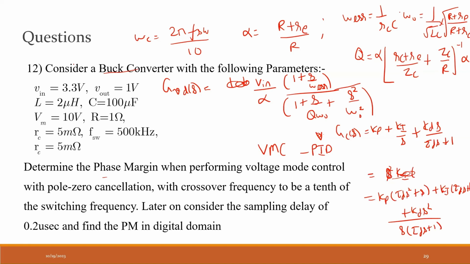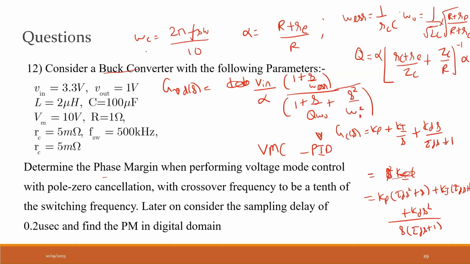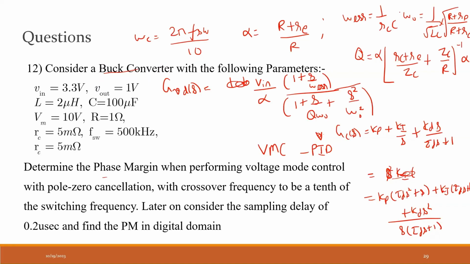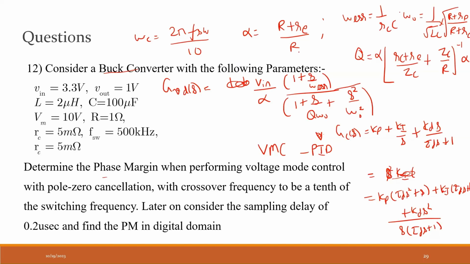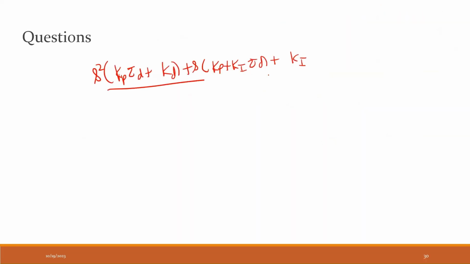That becomes S square into KP tau d plus KD, plus S into KP plus KI tau d, plus KI, upon S into tau d S plus 1.